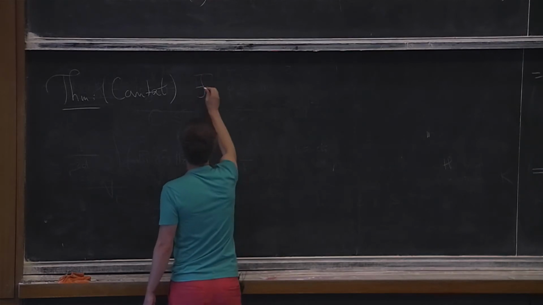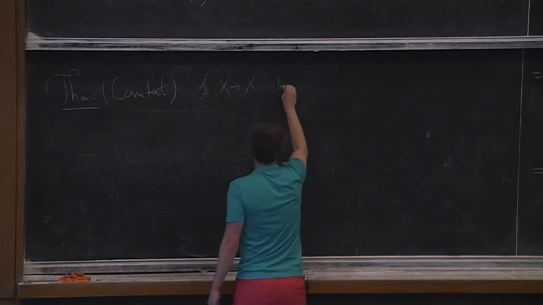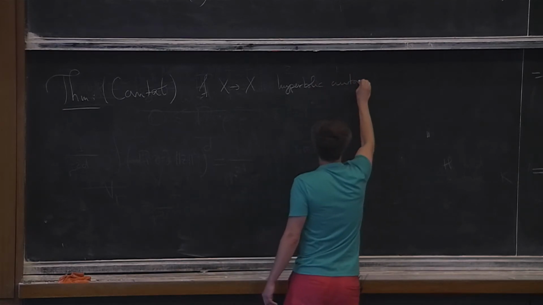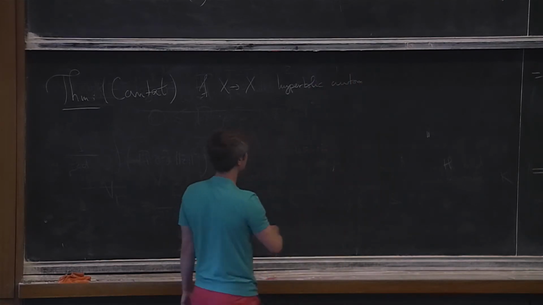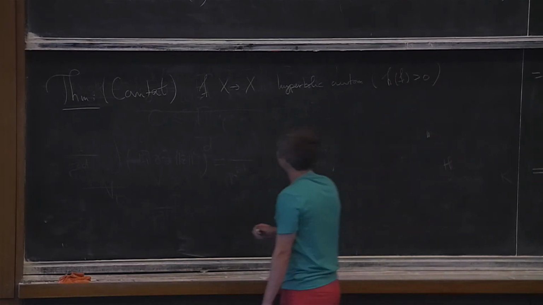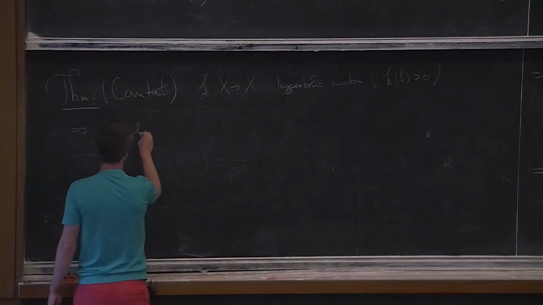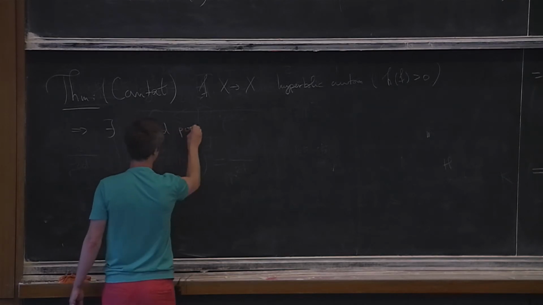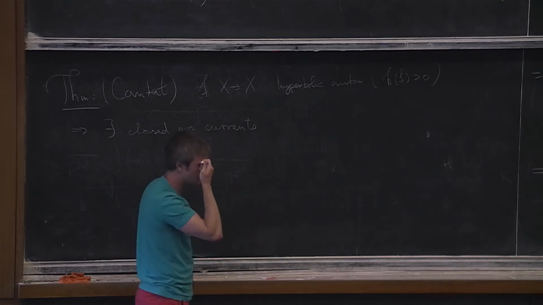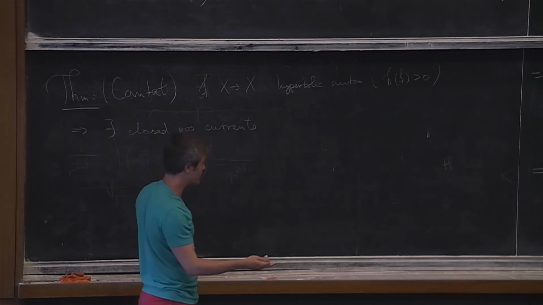Let f from X to X be a hyperbolic automorphism, or equivalently, one with positive entropy. This is what I mean by hyperbolic. Then there exist closed positive currents. I'm going to use currents in the same sense as Giovanni was using, meaning they're generalized functions, dual to differential forms.